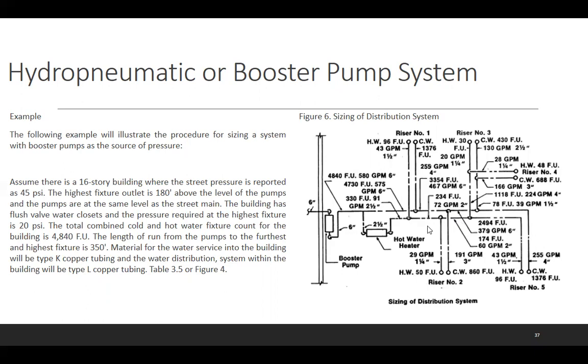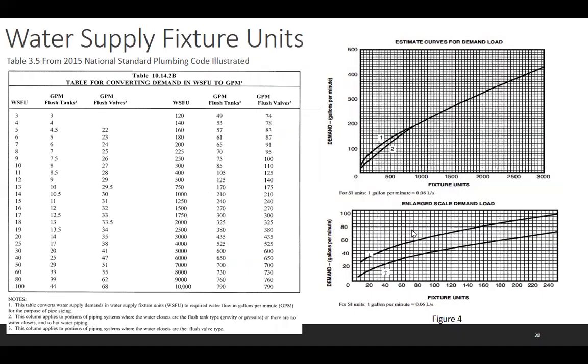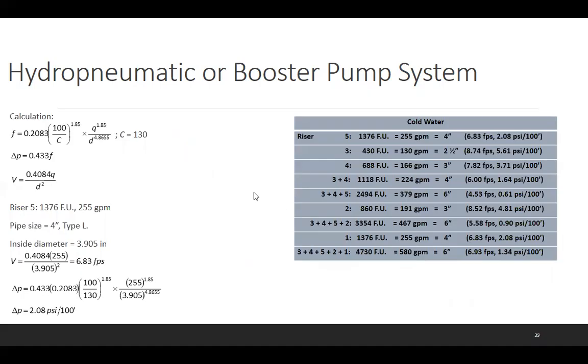Yan. So, for the pipe sizes, ito na tayo. So, ang mga formulas, calculation mo is F is 0.2083 times 100 over C to the 1.85 times Q to the 1.85 over D to the 4.8655.